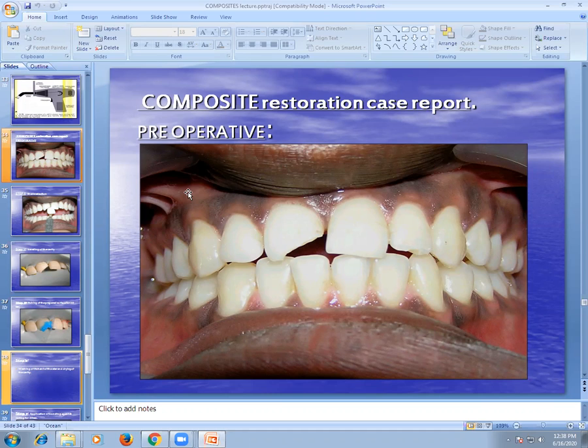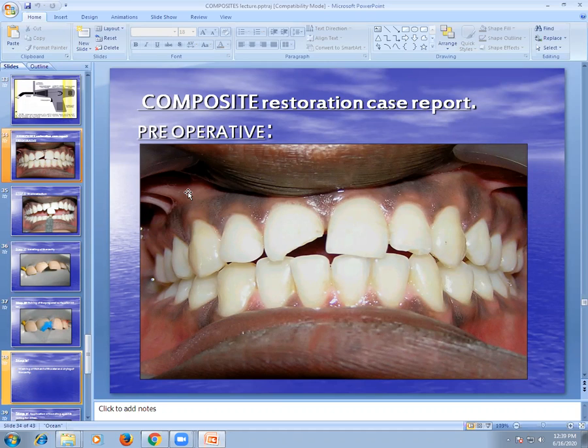But the major disadvantage of this technique is that, as you know, GIC is highly soluble in the oral cavity, right? So over a period of time, there is dissolution of the glass ionomer cement, and due to this there may be food lodgement, and secondary caries can form. So they developed the closed sandwich technique.